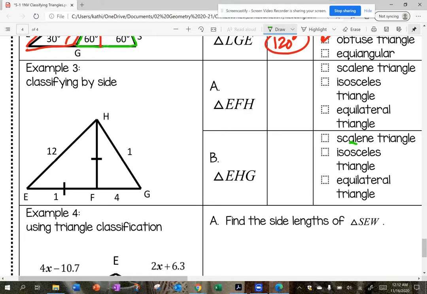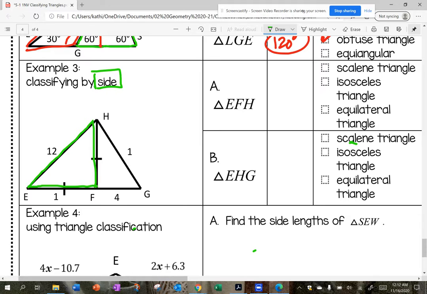This time we classify by side. So I want to see how many congruent sides you have. So triangle EFH. So I'm going to just look at the numbers.